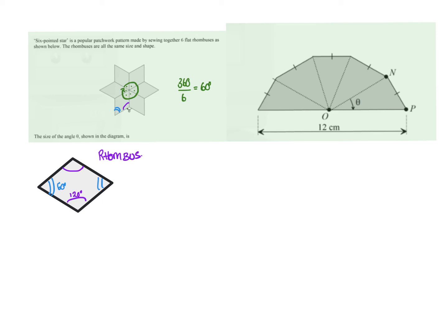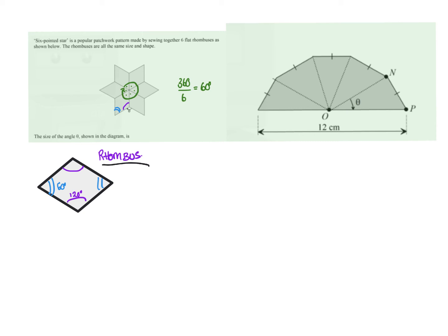Okay, here's another one. It says a 6-pointed star is a popular patchwork pattern made by sewing together 6 flat rhombuses as shown. So a rhombus is, and you might have this on your summary sheet, like a diamond shape where the opposite angles are equal.